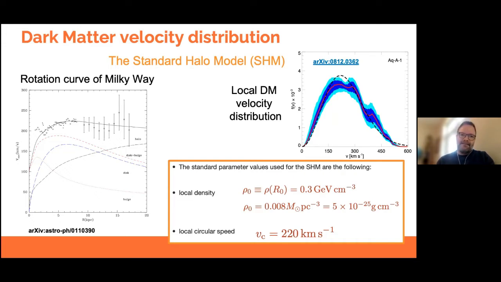So I think this is one thing one needs to bear in mind, the assumptions that go into it when we later set limits on dark matter cross sections. The results will depend on the assumptions that one makes for the velocity distribution.